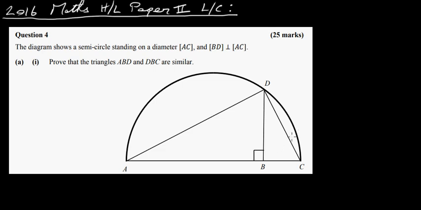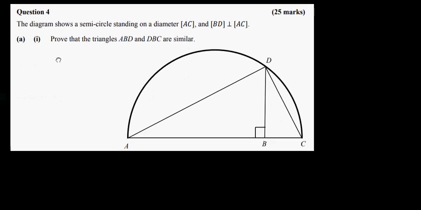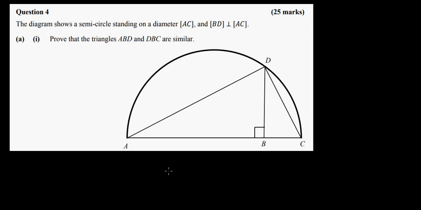So there are a couple of ways of doing this. You did this in junior cert when you proved Pythagoras Theorem, so that could be one line we'll go down, but we'll have a look at another way. Let's just have a look at what we've got here. We have this triangle and we have this triangle here, and we can see that we have two right angles here.